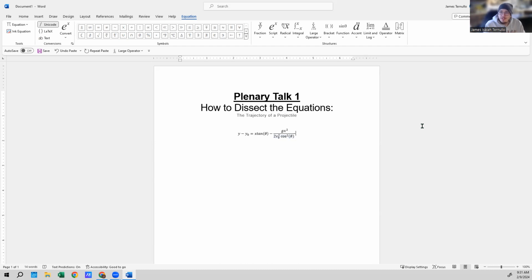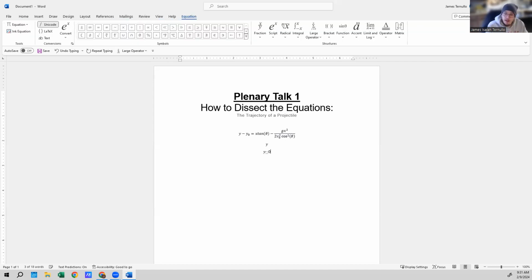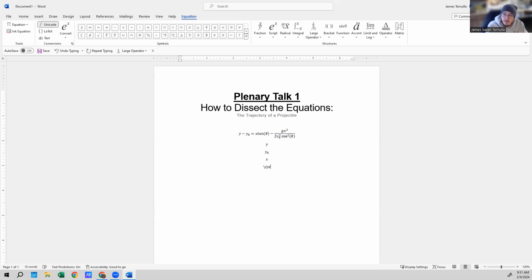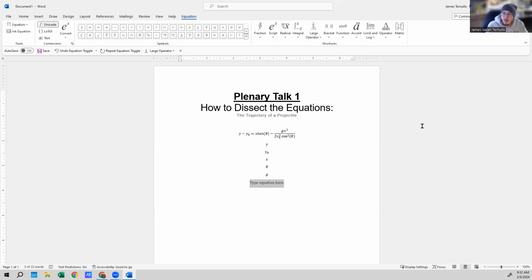Okay, so this is our equation, and that's a lot. It's a pretty big equation. So what do we have here? Sorry for the formatting issues. We have a few things. We have y, we have y naught, we have x, we have theta, we have g, and we have v naught.